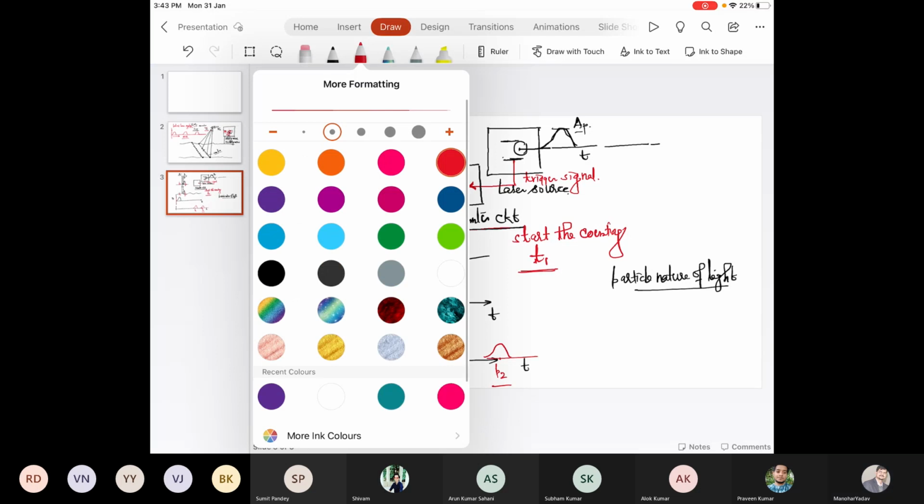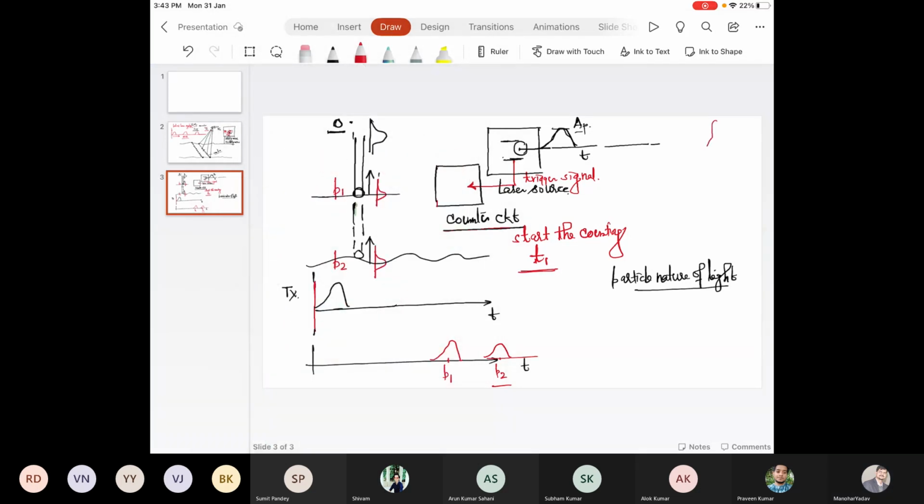Now, let's say this is the water surface. This is, I can say, the 90-degree rotated view. First interaction takes place over here. Okay. And there is a laser beam generated.